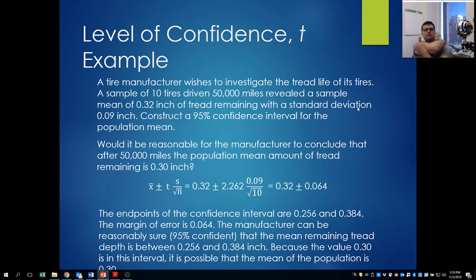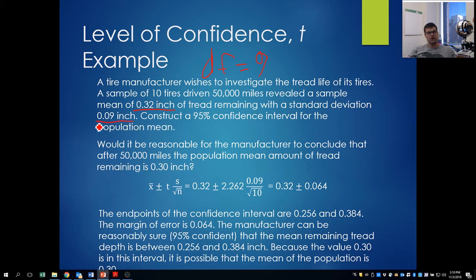So, the level of confidence. For example, a tire manufacturer wishes to investigate the tread life of its tires. A sample of 10 tires, so what's the degrees of freedom if we have 10 tires? The degrees of freedom is 9. Tires driven 50,000 miles revealed a sample mean of 0.32 inches, so x bar is 0.32 inches of tread remaining, with a standard deviation of 0.09.